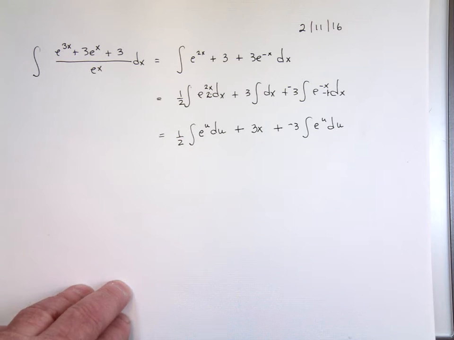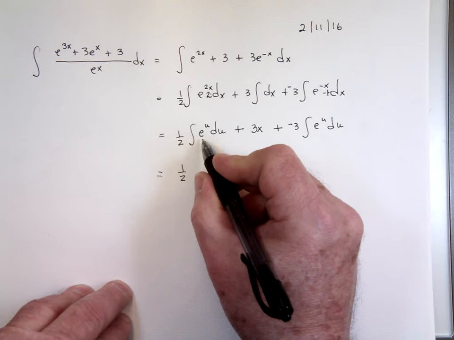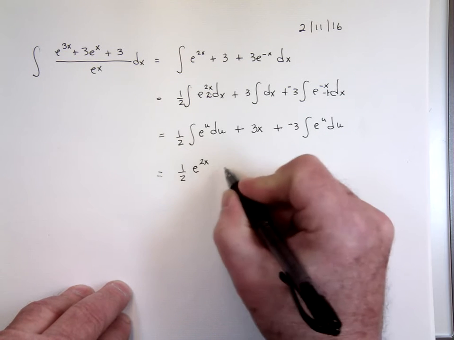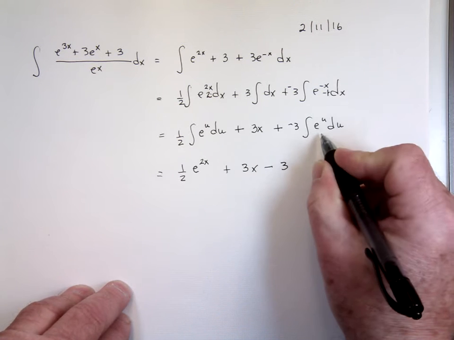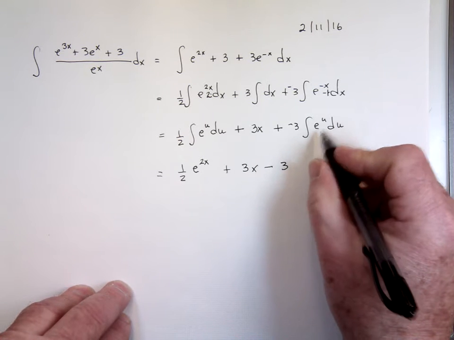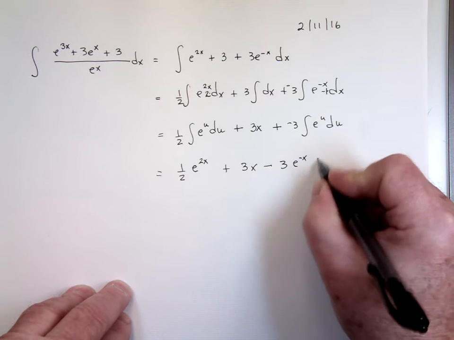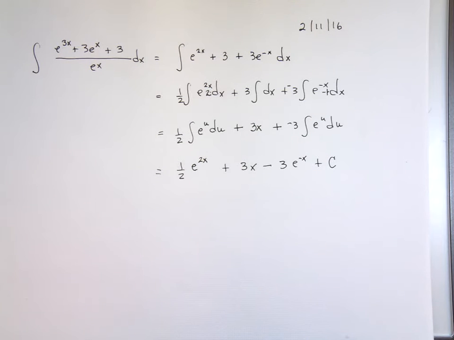Okay. 1/2. The integral of e to the u is e to the u. In this case, the u is 2x. The integral of e to the u is e to the u. In this case, the u is the opposite of x. And that's your answer. Okay?